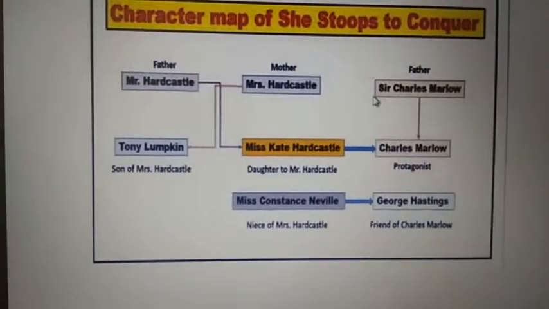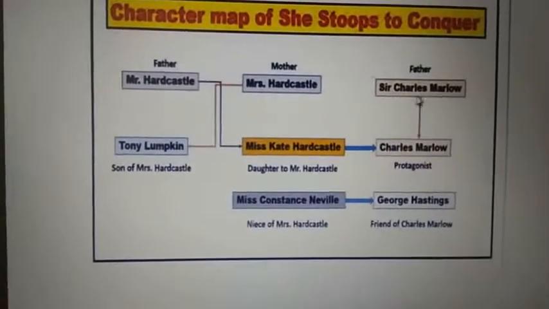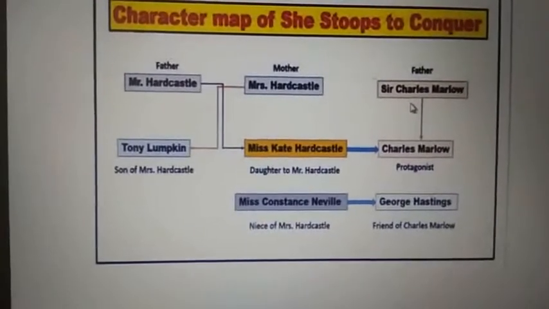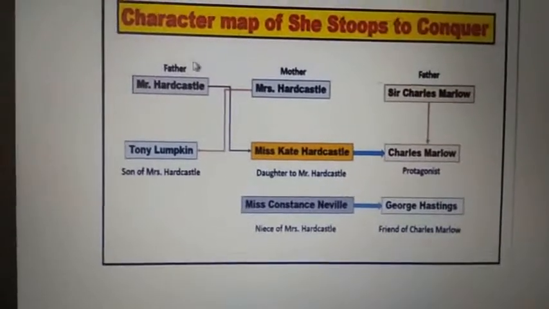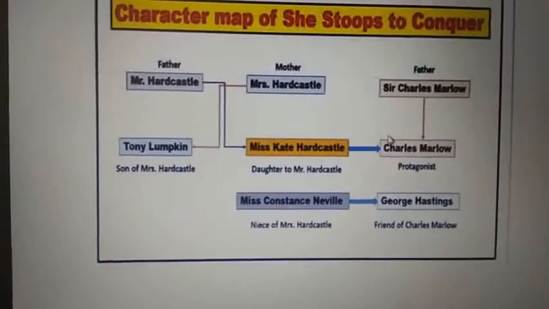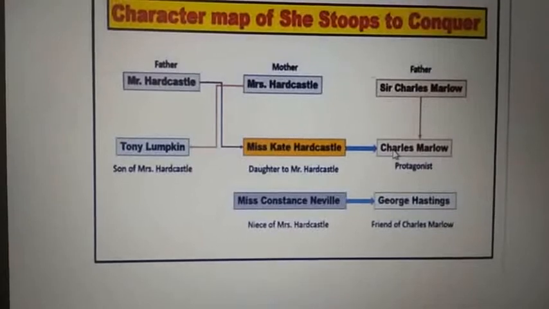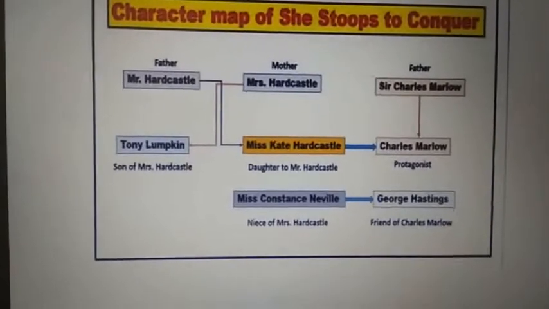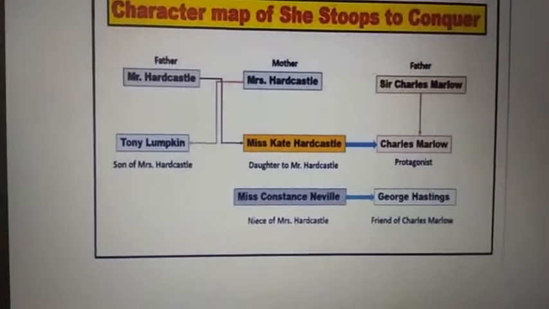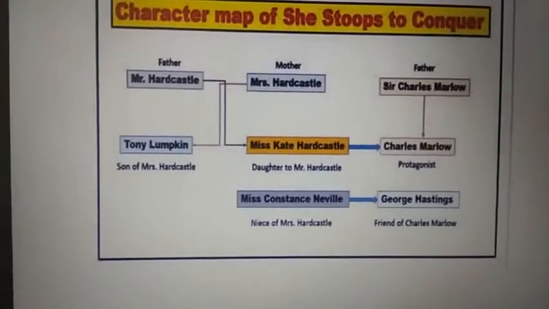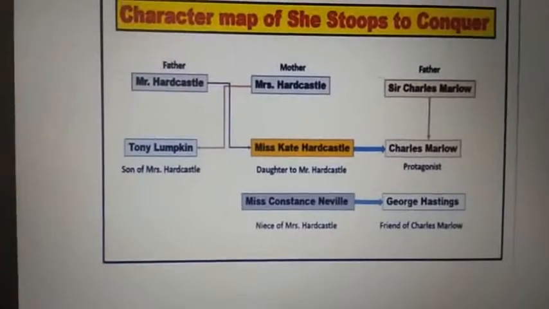Next, Sir Charles Marlowe is also an old man, and he is a friend of Mr. Hardcastle, and he is the father of Charles Marlowe. This Charles Marlowe, also known as Young Marlowe, is the protagonist, a major character in this play.